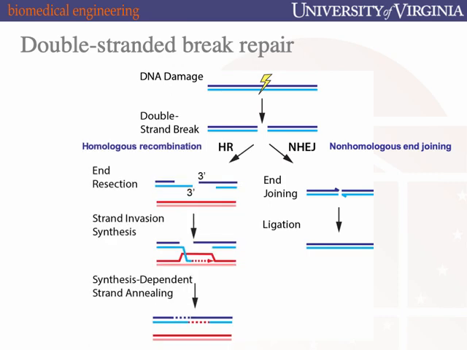So we have another mechanism of DNA repair that, as I said before, takes advantage of the fact that we have two copies of each one of those chromosomes, and it's generally unlikely that both will break in the same place. We got one of those copies from mom, one from dad, right?